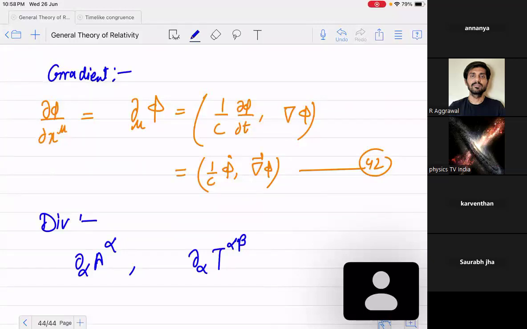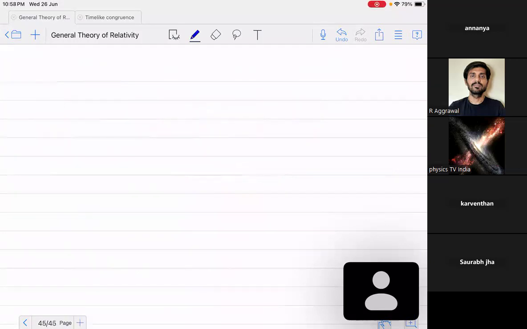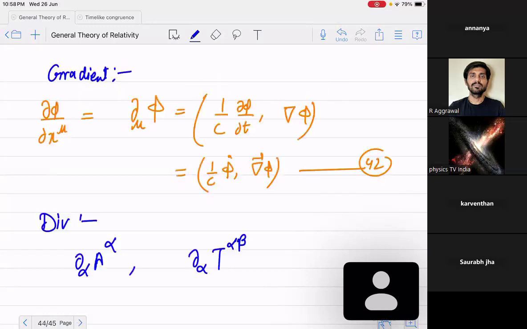And similarly, there is a definition of the curl. Curl is this, of a vector A alpha or any tensor: the curl of this is epsilon alpha beta mu nu del mu A nu. It is equation 43.